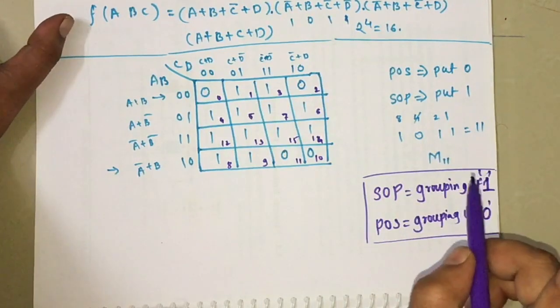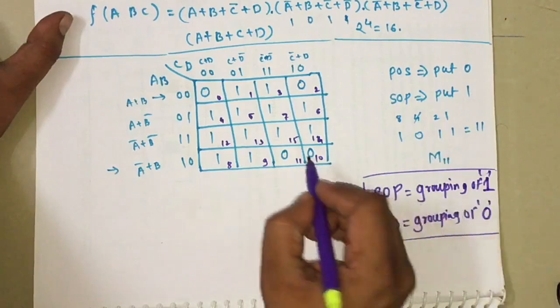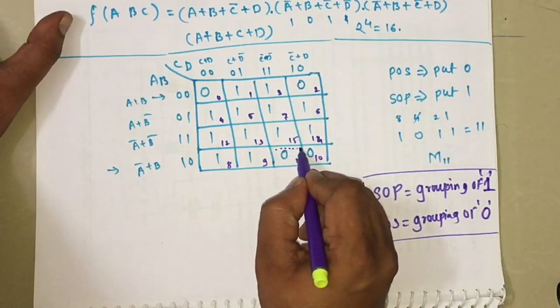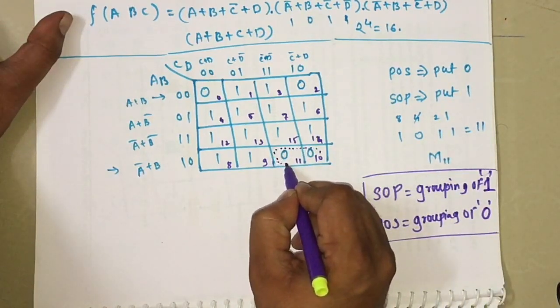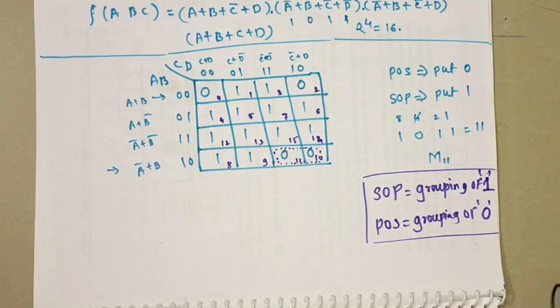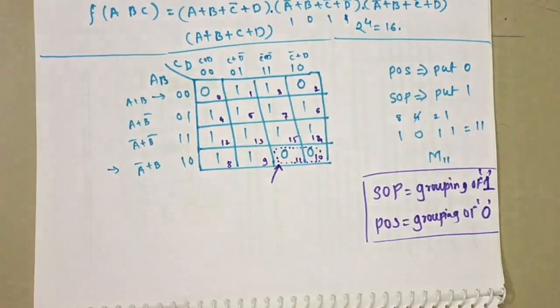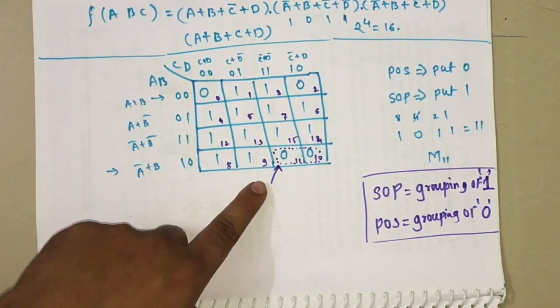So our first priority is given to the internal grouping. So we will form the grouping of these two zeros. If a grouping of two zeros is there, then we say it is a pair. So here we get the pair.